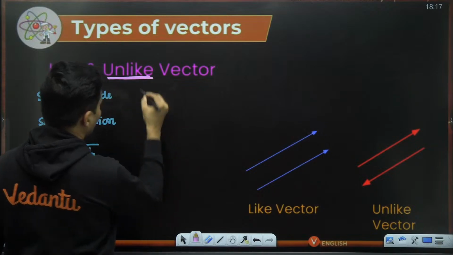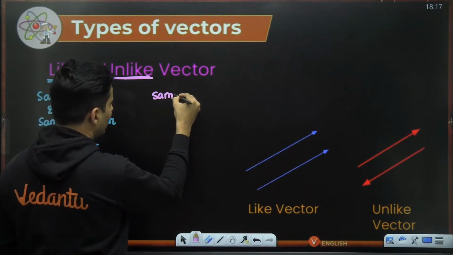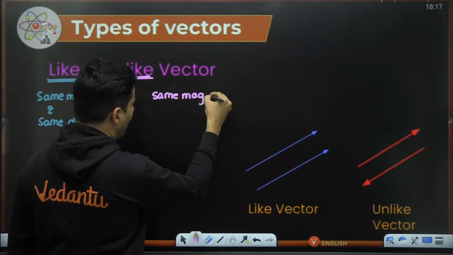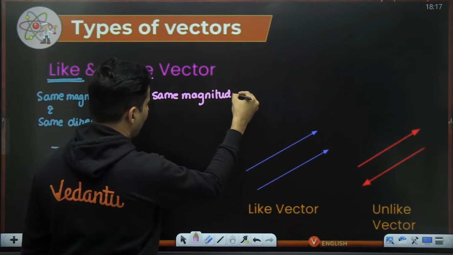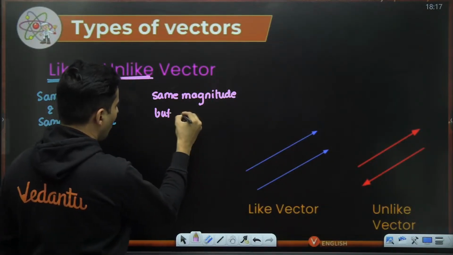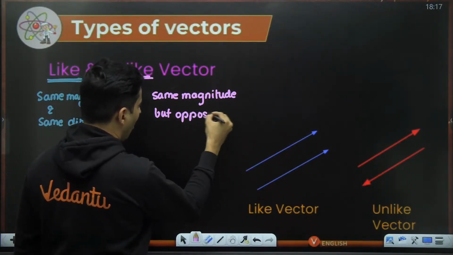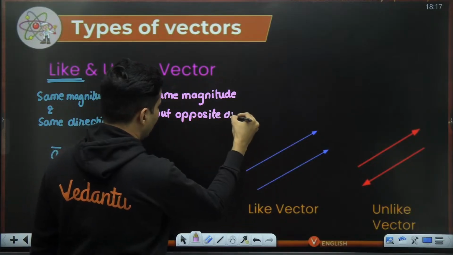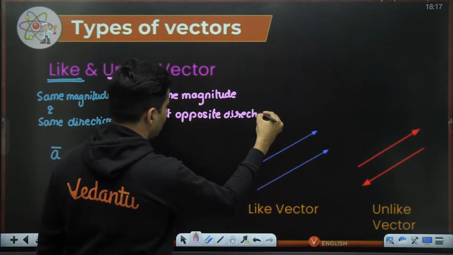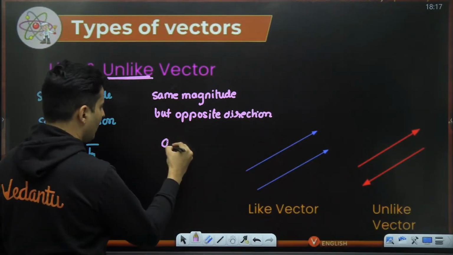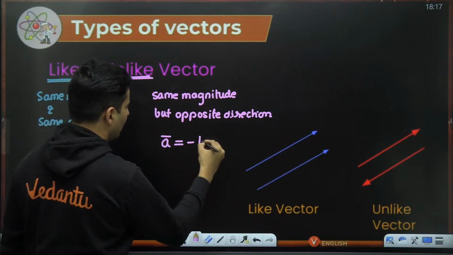Unlike vectors means same magnitude but opposite direction. So A vector is, let's say, the negative of B vector.